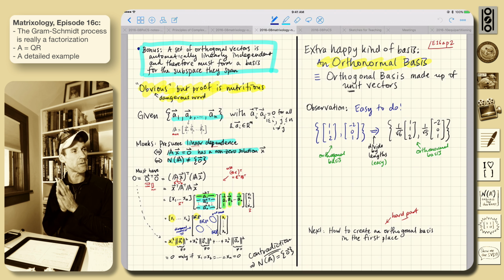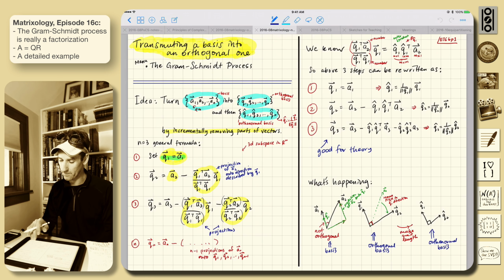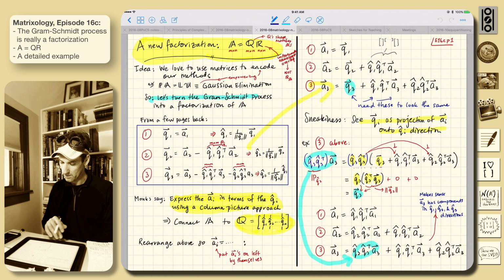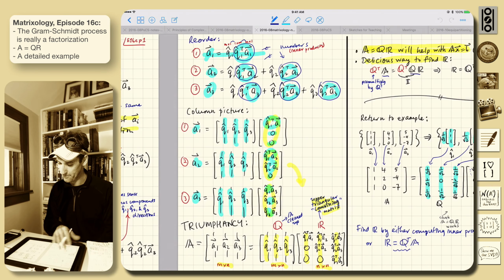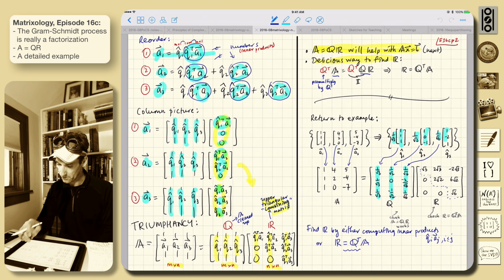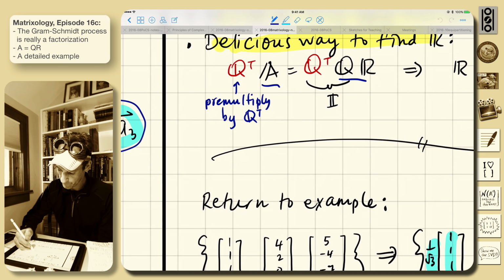Now, if we have this special Q matrix, its columns are made of unit vectors. So in fact, we get something even more special, a very special matrix, which is the identity. This is because Q's columns are unit vectors.